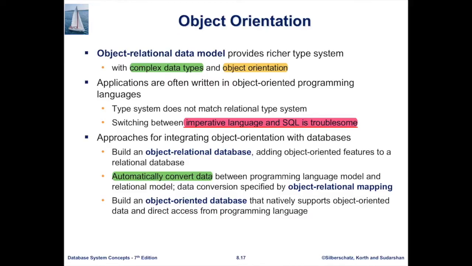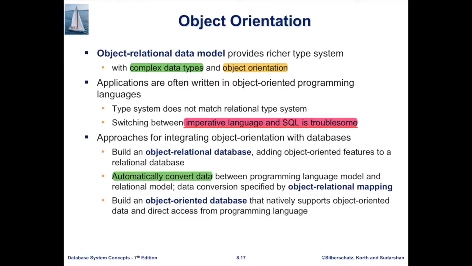The first approach is by building an object relational database and then adding object-oriented features like type definition and inheritance to a relational database. The second approach is by using what we call object relational mapping or ORM that automatically converts data between the programming language model to the relational model.